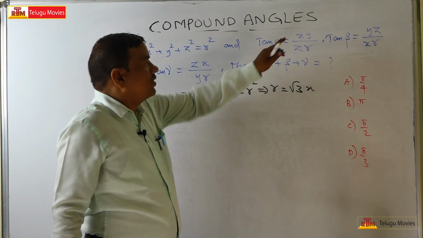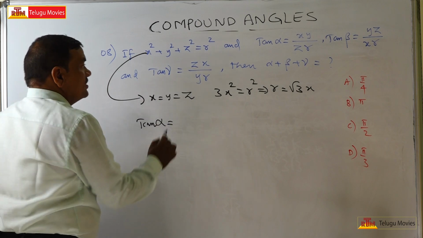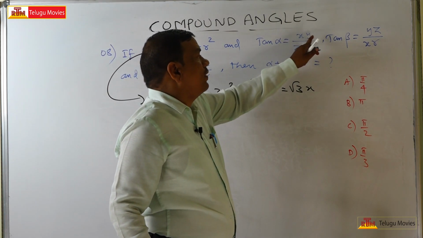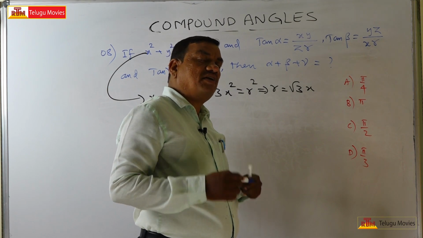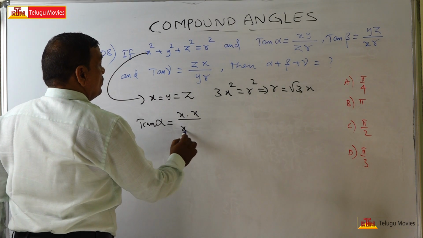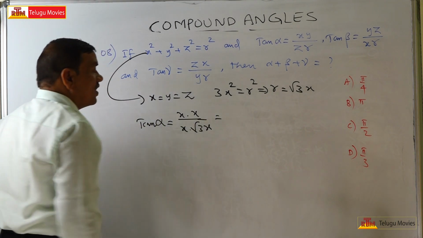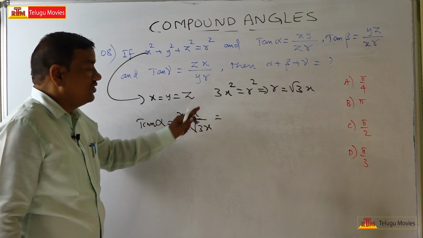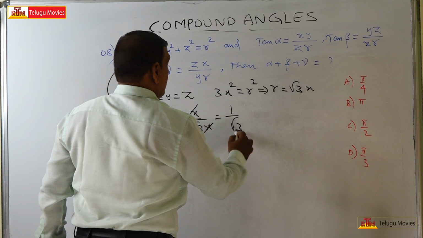Now coming to tan alpha. What is the tan alpha value? Tan alpha is equal to x into y upon z into r. In place of x, y, z, everywhere you put x. R value is root 3 x. x into x, x square, will get cancelled, giving 1 by root 3.